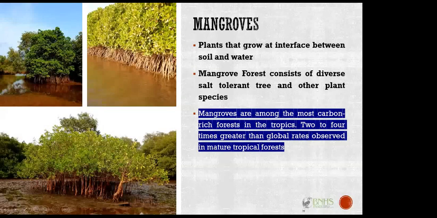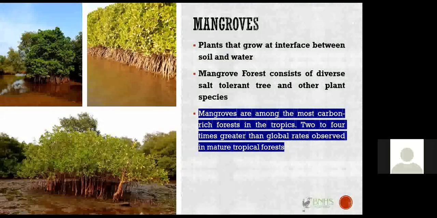So why are these forests important? Mangroves are among the most carbon-rich forests, and they sequester 2 to 4 times the rate that even a mature tropical rainforest can sequester carbon. So that's why I think mangroves are more important than any terrestrial forest.